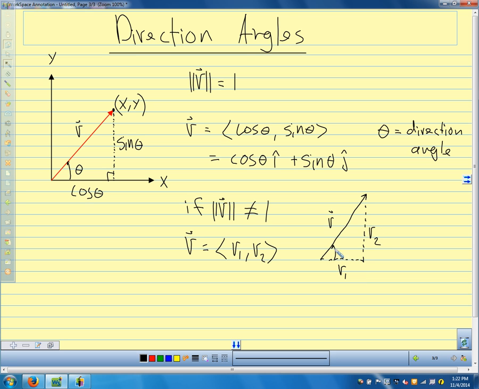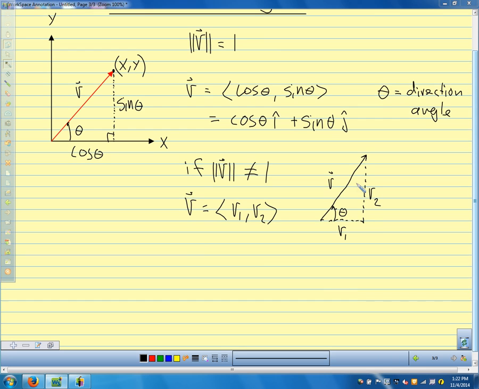Here's my direction angle. I can do the same thing with this triangle, except my magnitude isn't 1. So v1 is going to be the magnitude of v, the length of that hypotenuse, times cosine theta. And v2 is going to be the magnitude of the vector, the length of the hypotenuse, times sine theta.